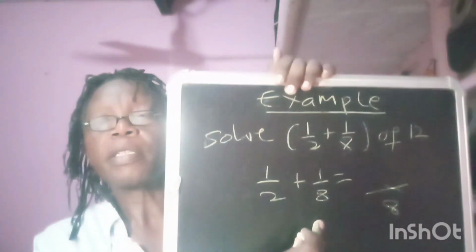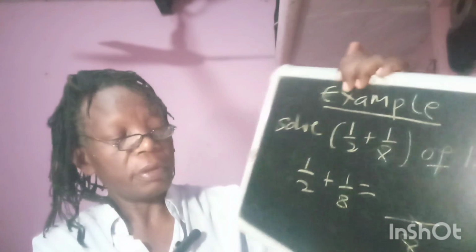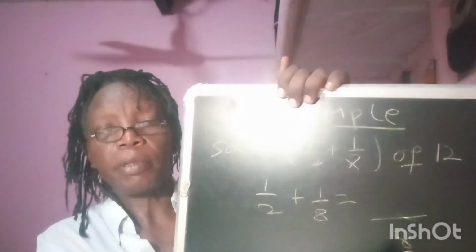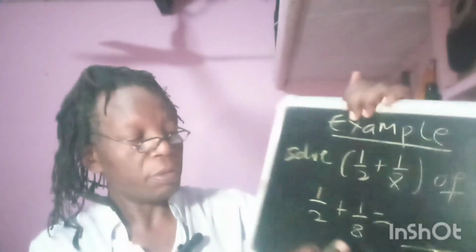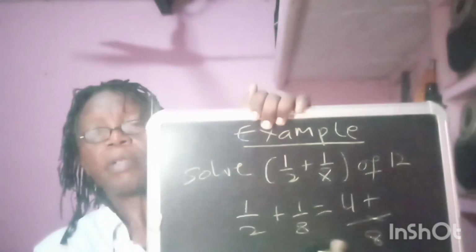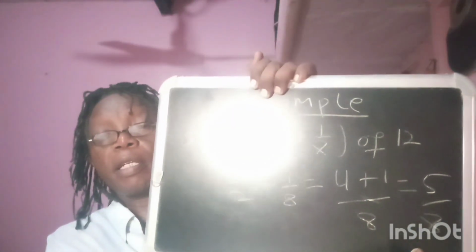So we have 8. We've found the least common denominator here. We'll divide these things. So 2 goes into 8 how many times? 4. So 4 plus 8 goes into 8 once, plus 1. This is 5 over 8. This will be the result.